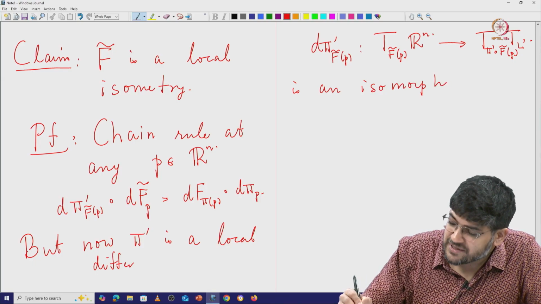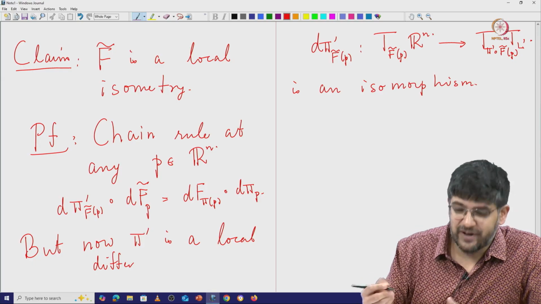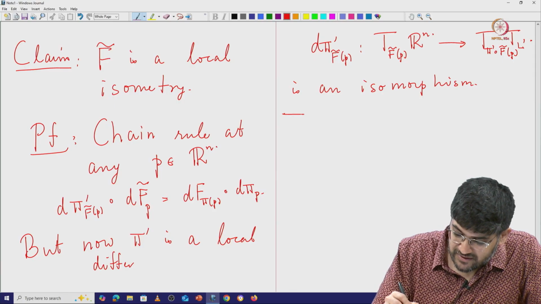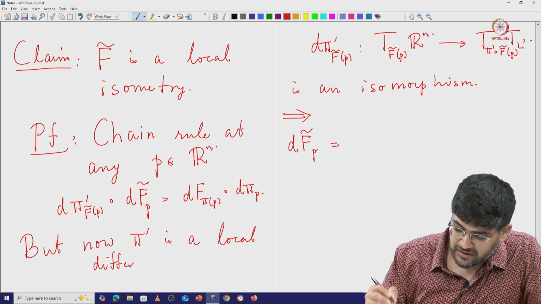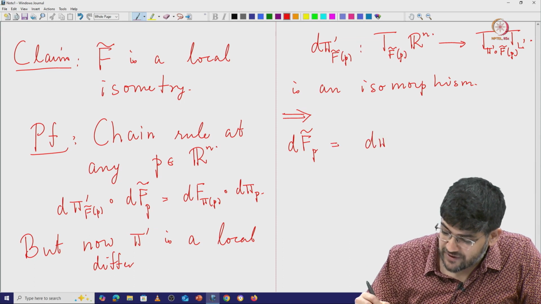As a linear map, this is an isomorphism. So one can define its inverse. So that means that this map is well defined.